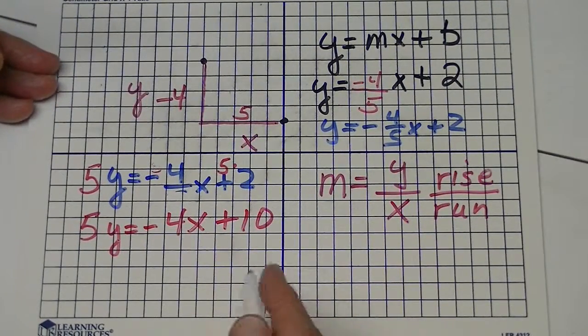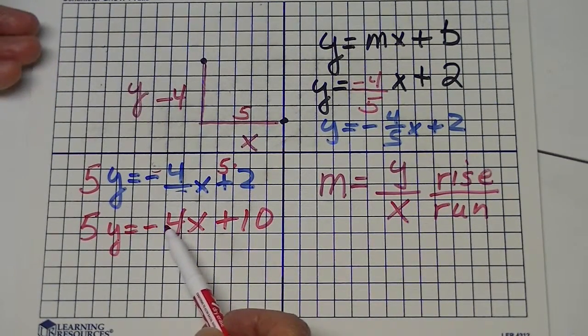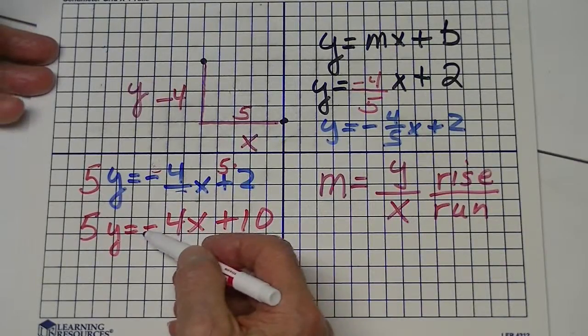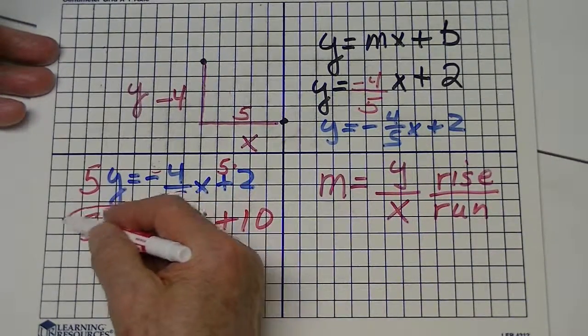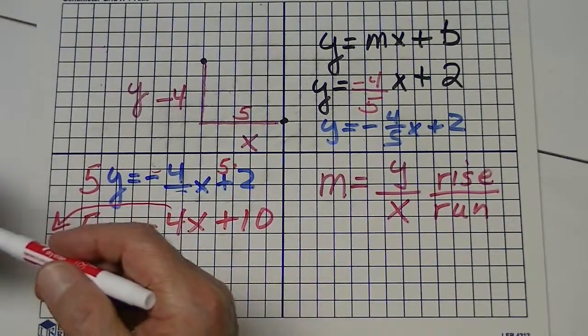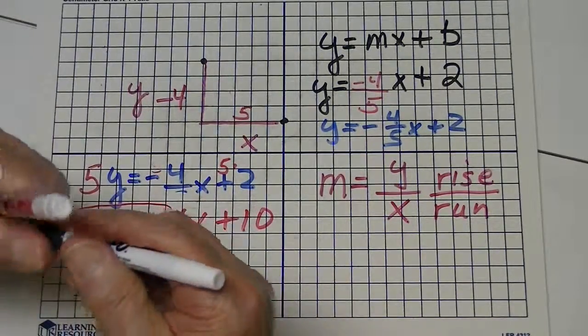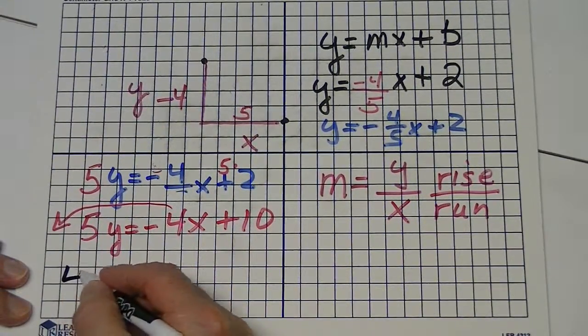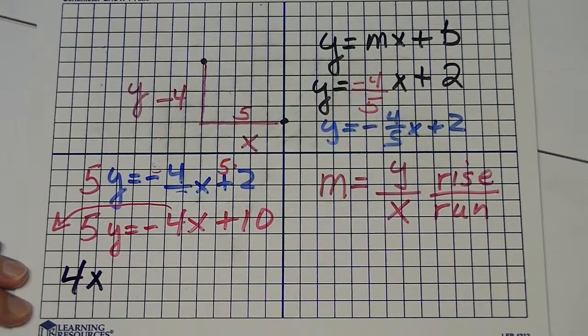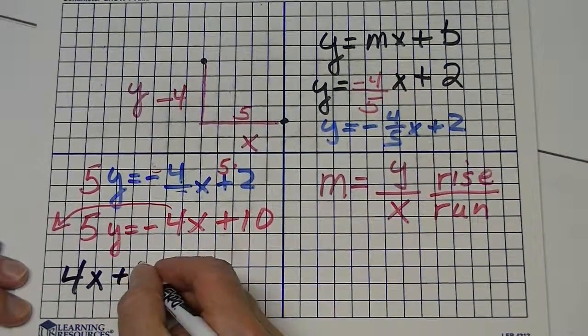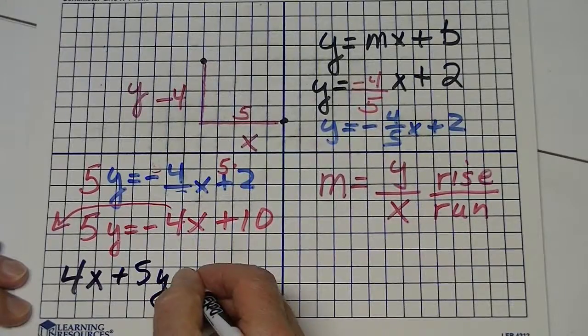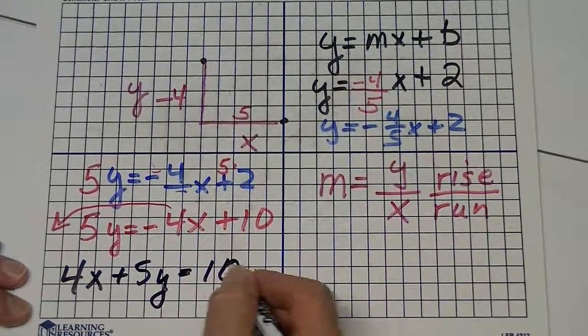Now we know in order to put it in standard form, we need to take our x term from this side and transpose it. When we do, we get a positive 4x on this side plus 5y equals 10.